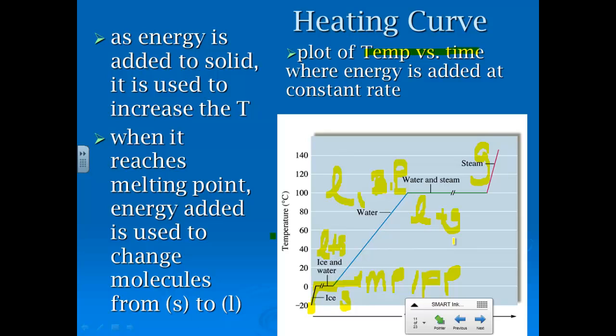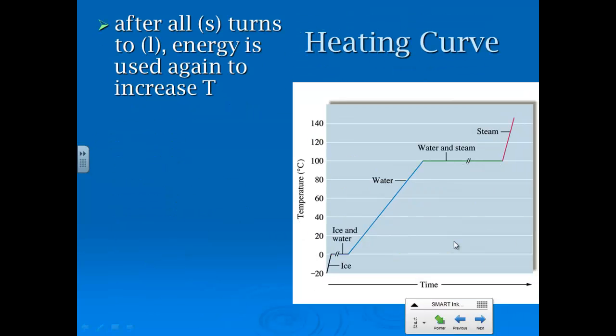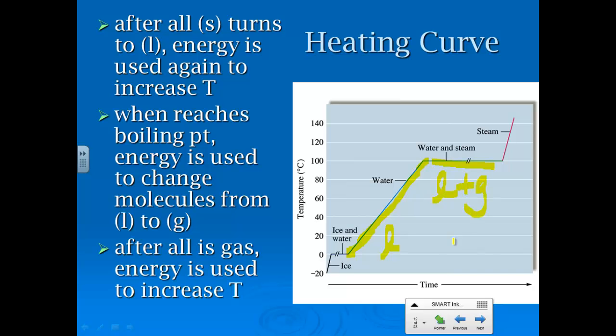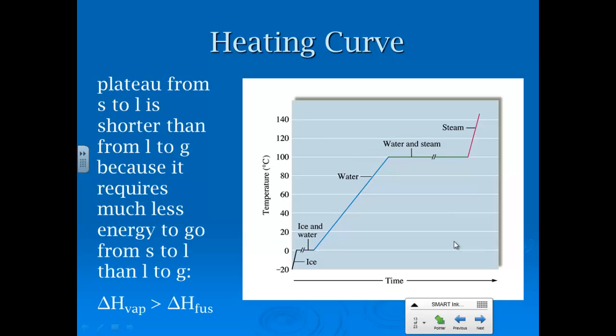If we keep going to the right, after all the solid turns to liquid, the energy is then used to increase the temperature. So again, we have all liquid during this phase. When it reaches the boiling point, energy is then used to change everything from a liquid to a gas. While it's boiling, it stays the exact same temperature.